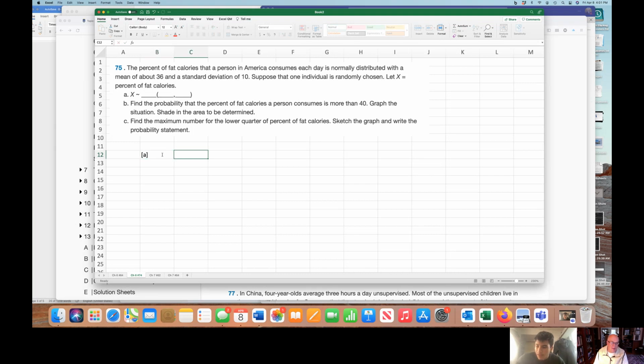How would you answer A? So it'd be X, the dash, with the N for normal distribution, and in the parentheses, you would put 36 and 10. That's exactly right. So in this case, the mean or mu is equal to 36, and the standard deviation is equal to 10.